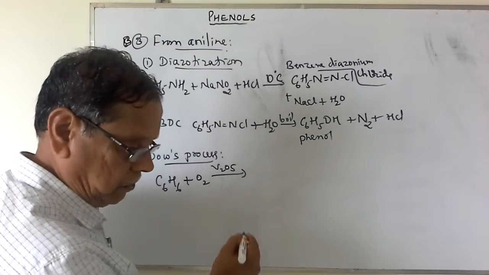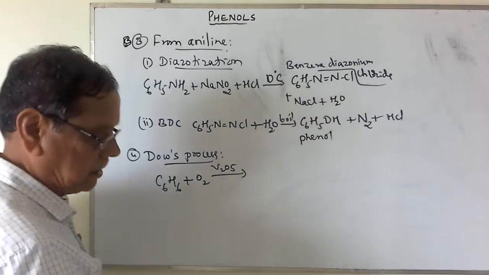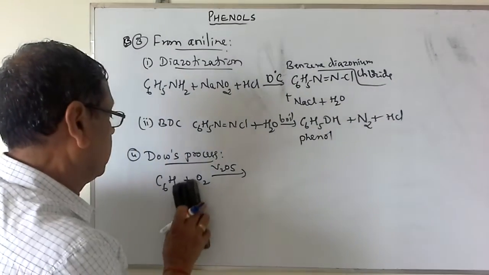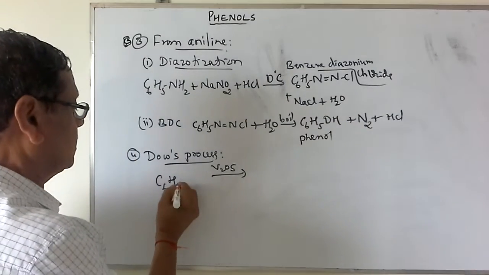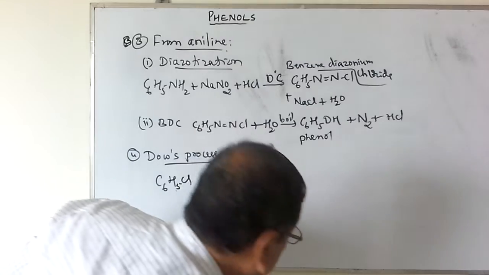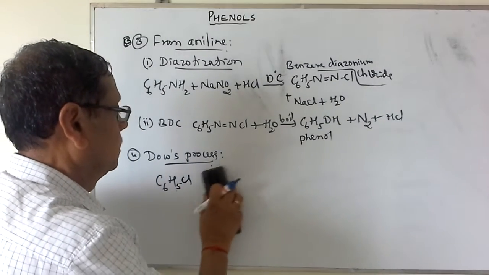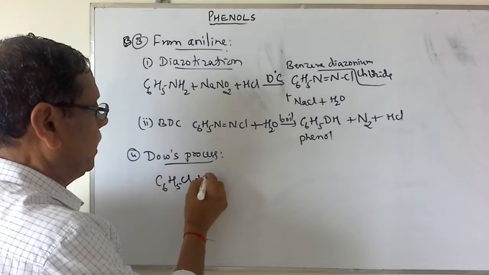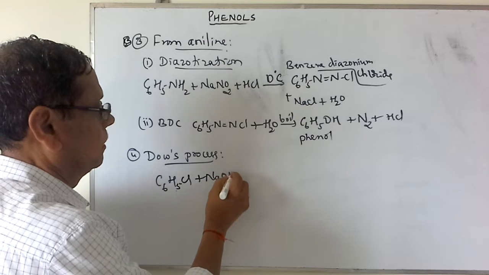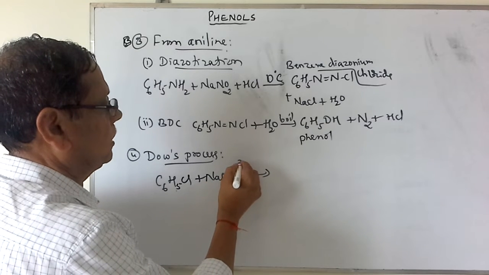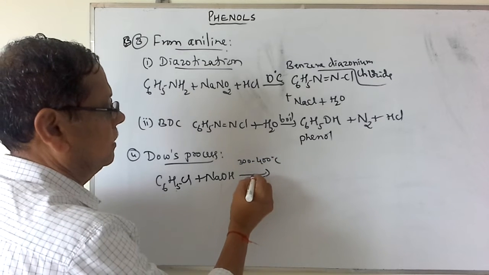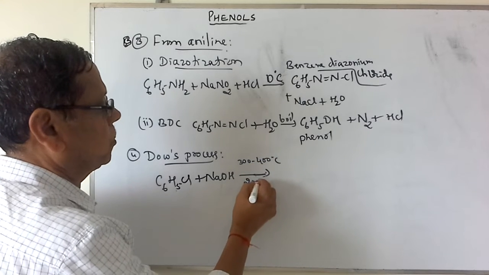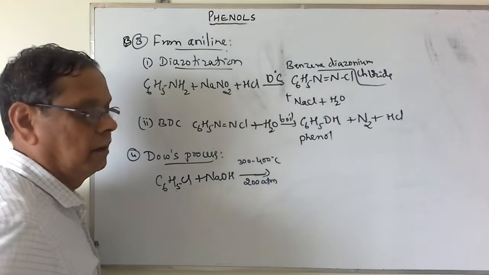This will give rise to chlorobenzene, C6H5Cl. Then it is treated with sodium hydroxide. It is heated to about 300 to 400 degrees Celsius and a pressure of about 200 atmosphere.